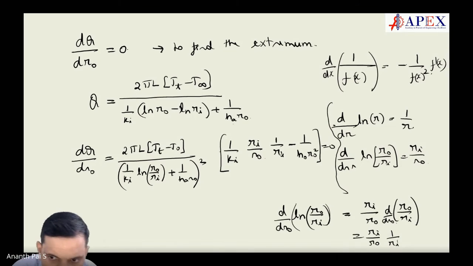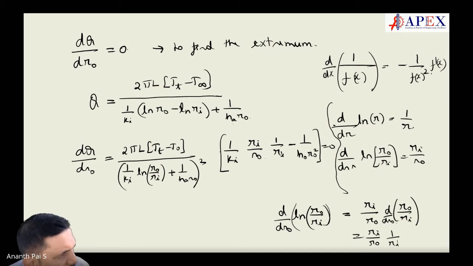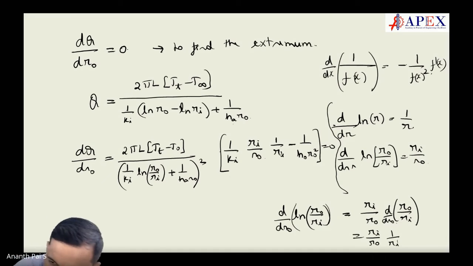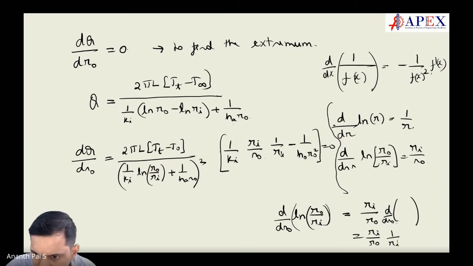So if you expand it and then differentiate, I think it's more clear. You get 1 by R naught minus 1 by ri into dri by dr naught. No, dri by dr naught, you get it as R naught by ri only.